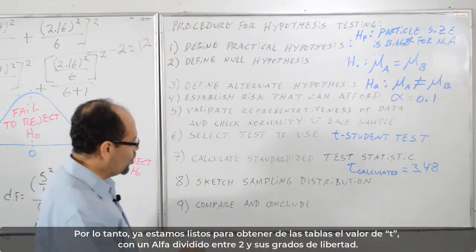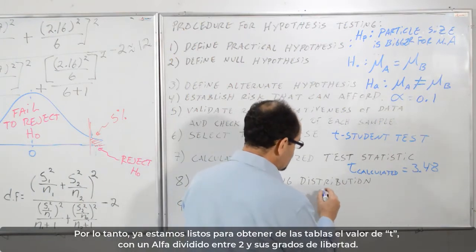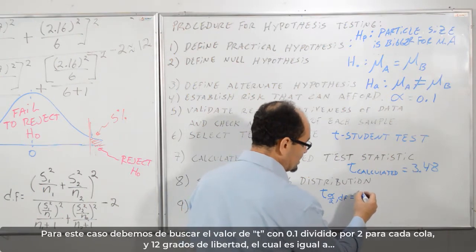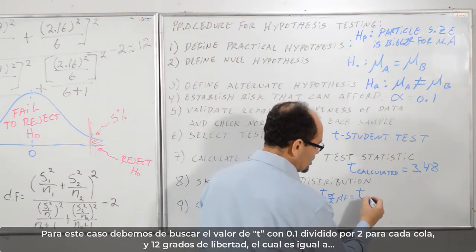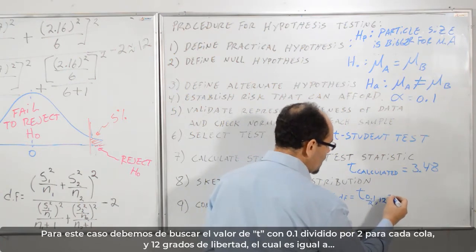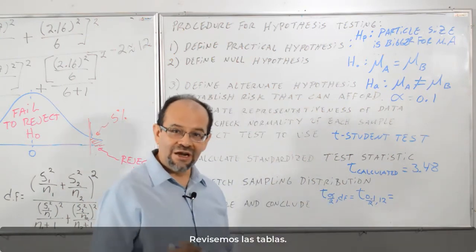Then we are ready to get from tables the value of t, alpha divided by 2, degrees of freedom, which in this case for each tail will be 0.1 divided by 2 and 12 degrees of freedom. Let's take a look at the table.